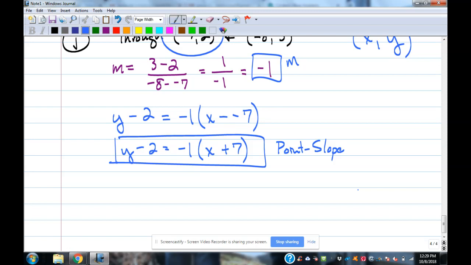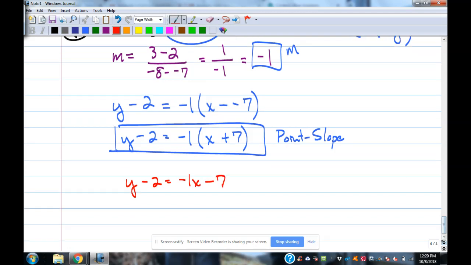Shouldn't be too hard here. We've got a negative 1 that we're multiplying out. That's going to be y minus 2 equals negative 1x minus 7. Now what? Add 2. The like terms, negative 1x minus 5.